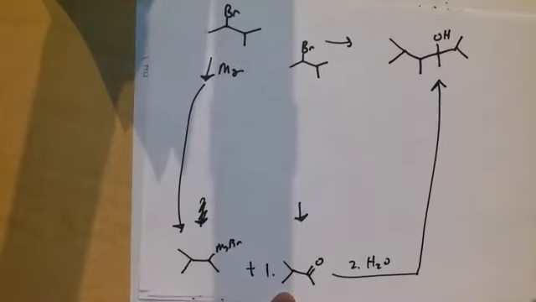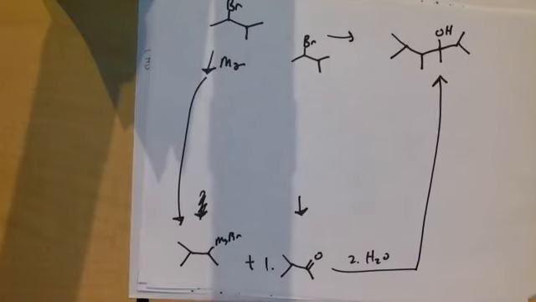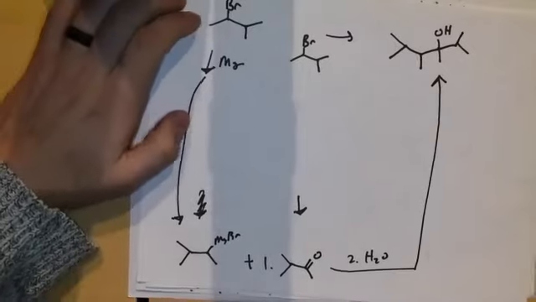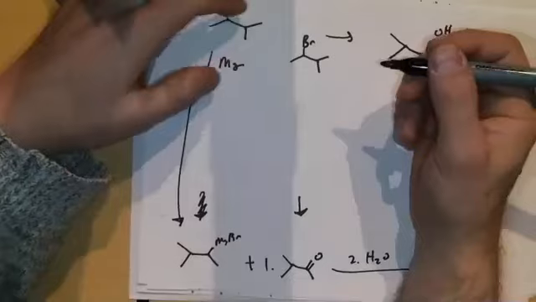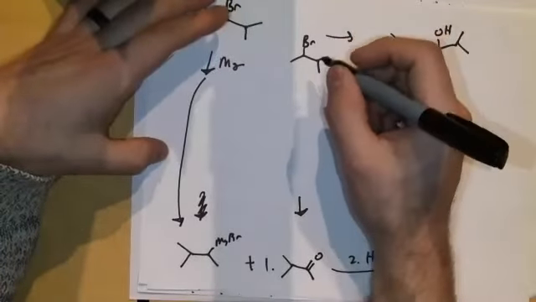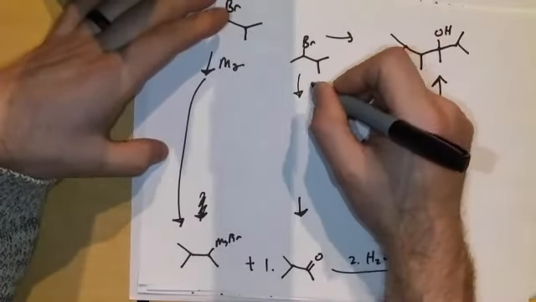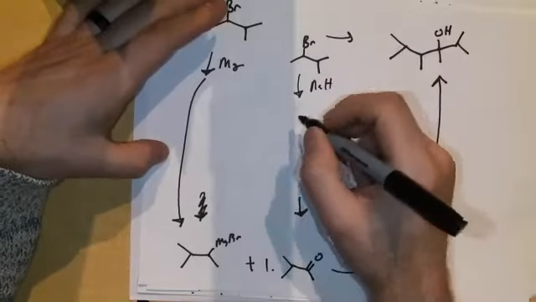So making this guy is going to be a little bit harder. We're going to have to use some reactions from other chapters and then eventually oxidize it. So there's a few different ways to do this. I'm going to throw in a small base first. So NaH is a really small base.